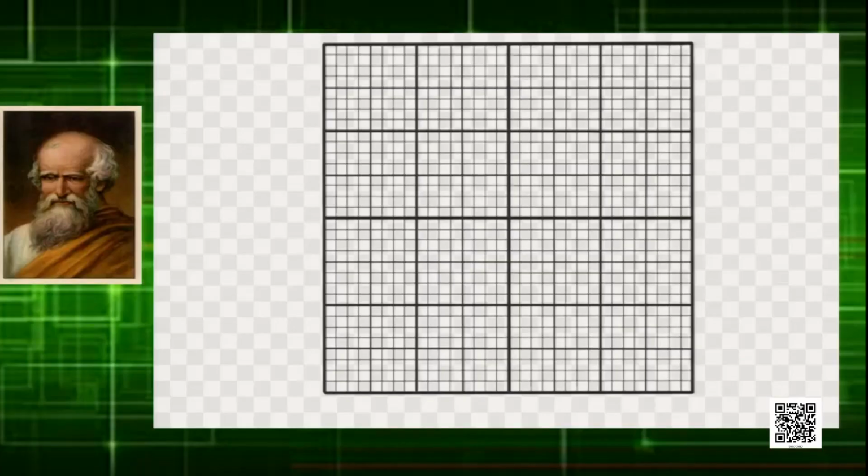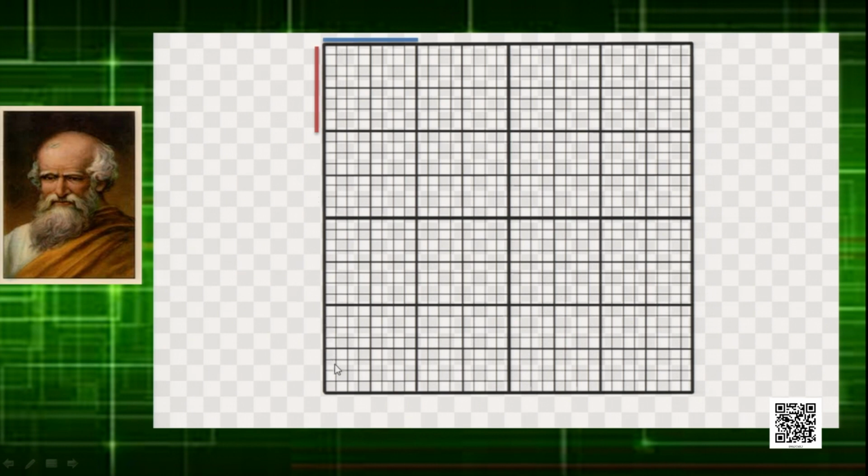You see, in this figure, a square is divided into some small squares. If we take the length and breadth of this small square as one unit, then here we have 4 units of length along the side, and vertically also 4 units.